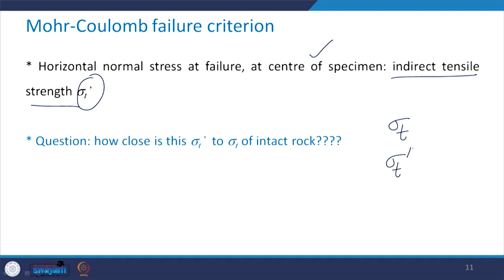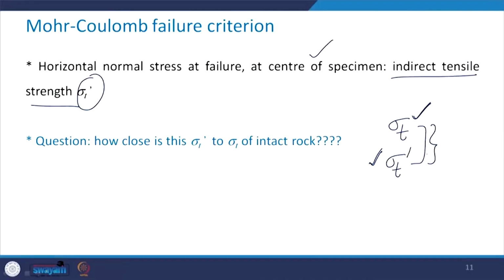The question is, how close are these two values to each other, or how close is this sigma t, which ideally should be the tensile strength of the intact rock. But we are not able to find this out practically. What we can find out is sigma t prime. So the question is how close these two values are to each other.